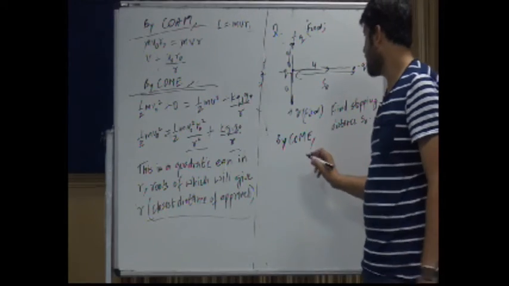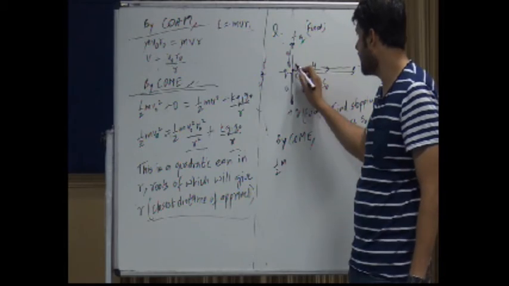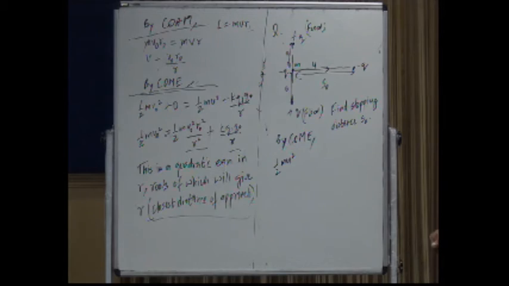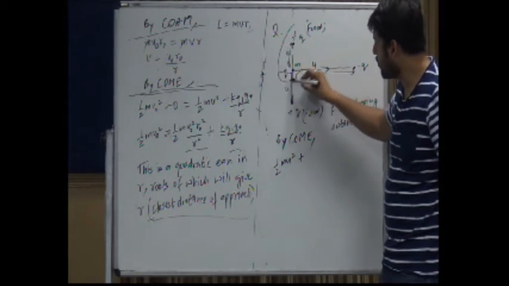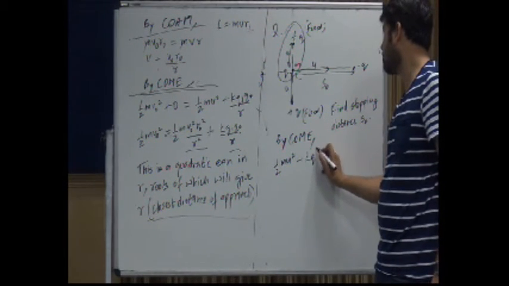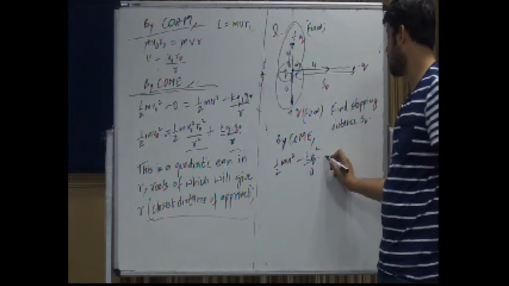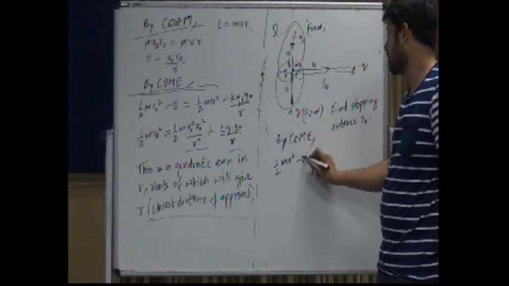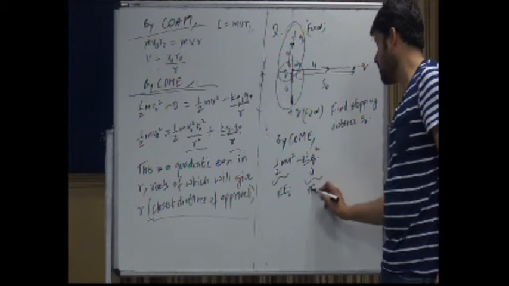So what happens in this scenario is, initially the kinetic energy was half m u square. I didn't give mass m, I hope you have assumed. The potential energy between the first pair is minus k q square by a. Between the second pair it is again minus k q square by a. So I write 2 here. This is KE initial, this is PE initial.